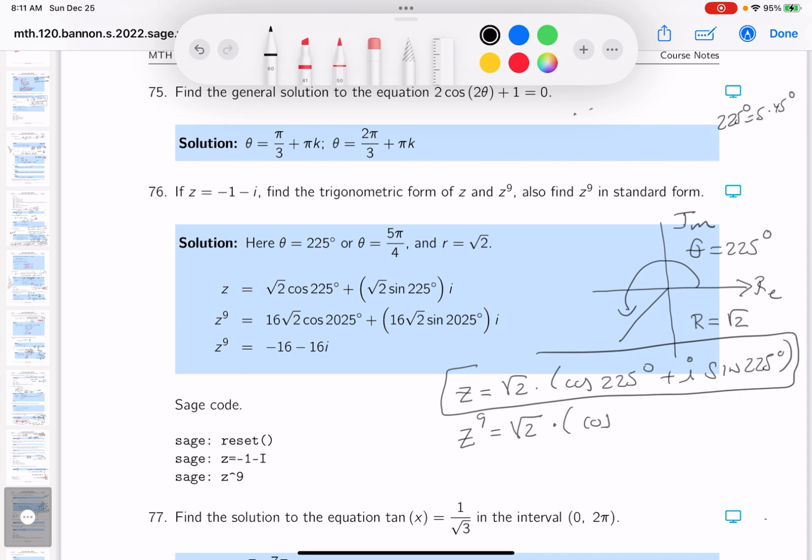So I'm going to write down 9 times that. So 9 times 5 is 45 times 45 degrees, plus i, and that's going to be what? Sine of 45 times 45 degrees.